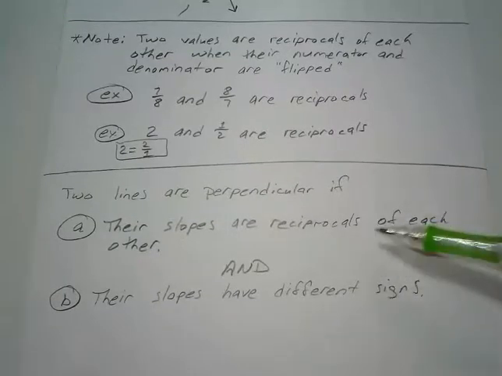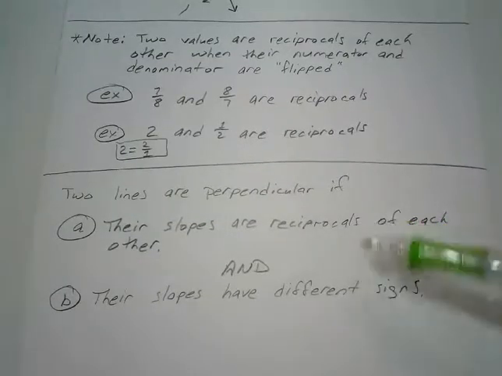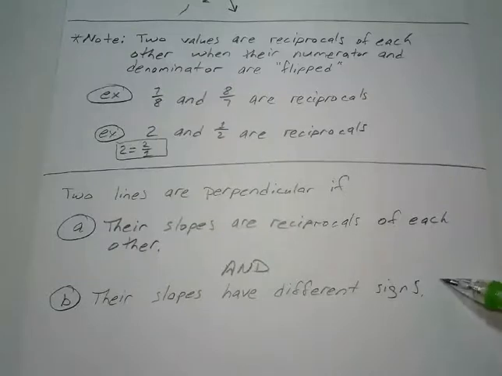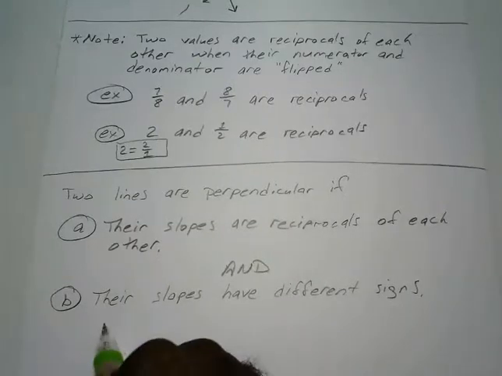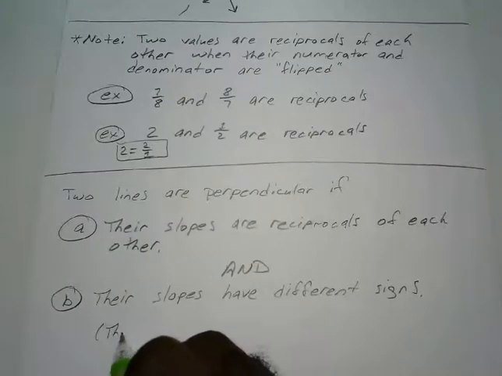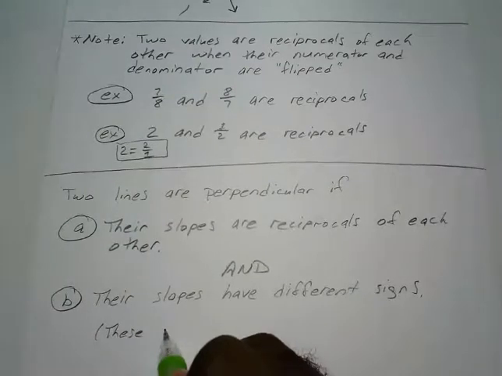Okay, so as long as those two criteria are met, you'll know two lines are perpendicular. When those two are met, this is what they call negative reciprocals.